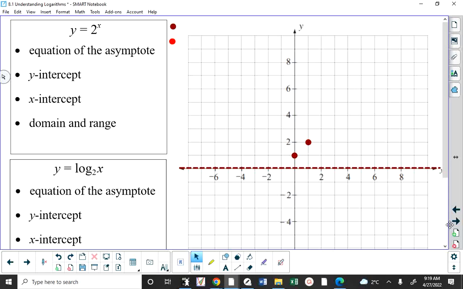So we could make a table of values, or we could just say we go up by 1, we double y, and again, and again. The bottom line is 2 to the 0 is 1, 2 to the 1 is 2, 2 to the 2 is 4, 2 to the 3 is 8.